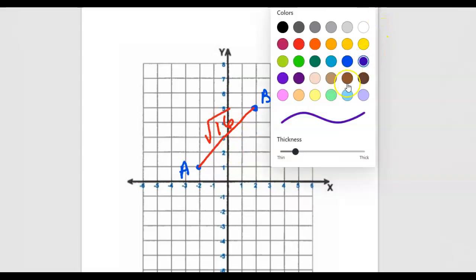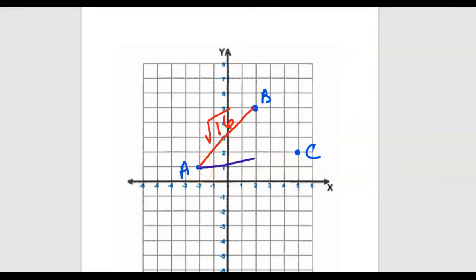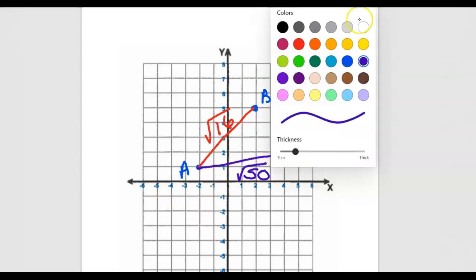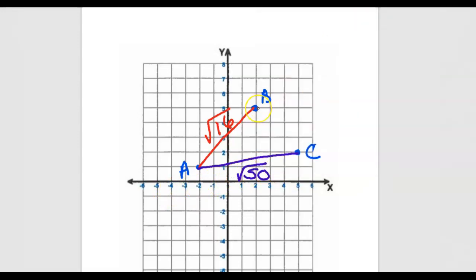Then we did the distance from A to C, and from A to C, we got the square root of 50. Then our last distance that we did was from B to C. And we got the square root of 18.